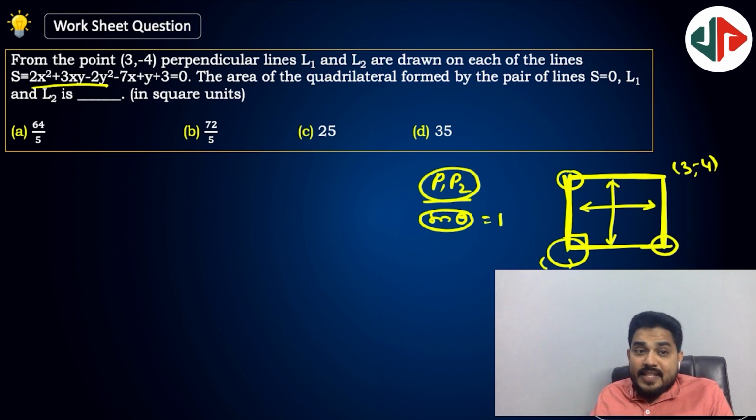Is it necessary to split this line equation? Not needed. Instead, take the product of the perpendiculars from (3, -4) to these lines. So this is p1 and this is p2.